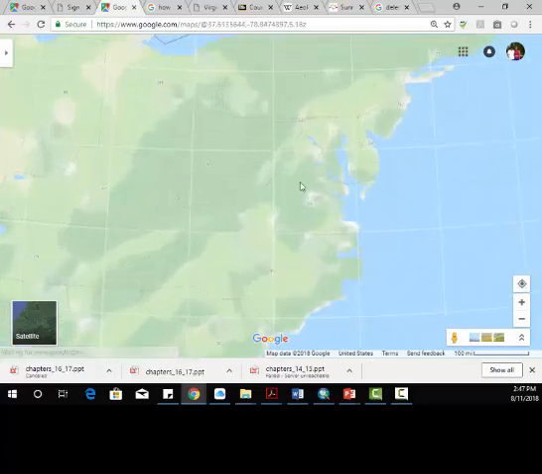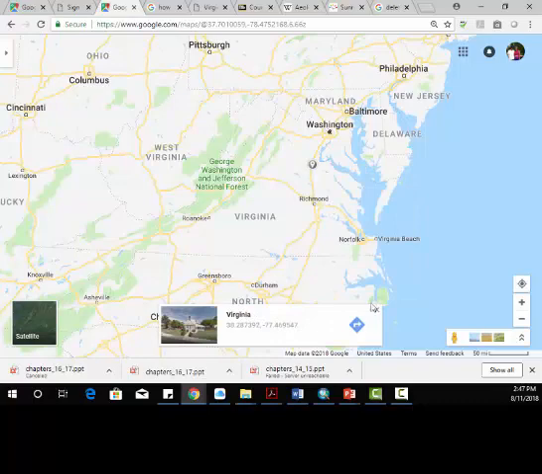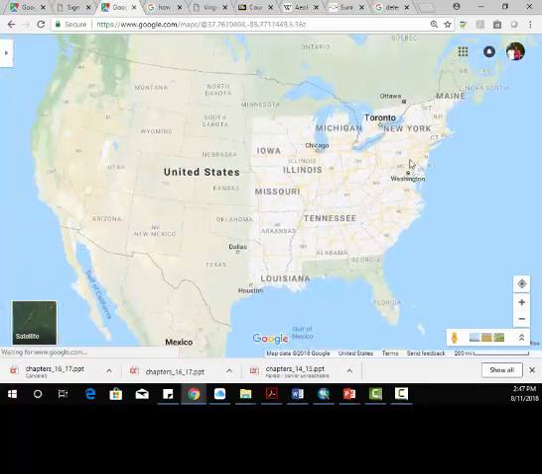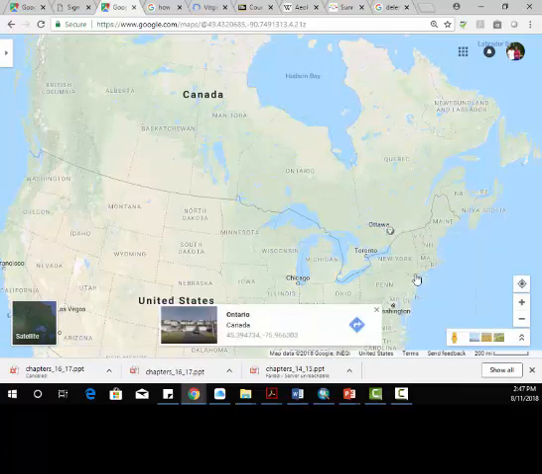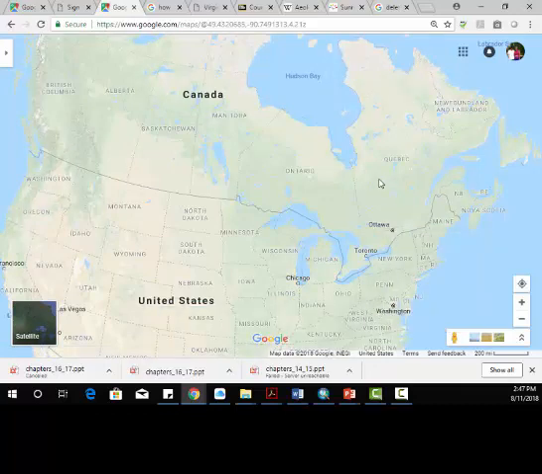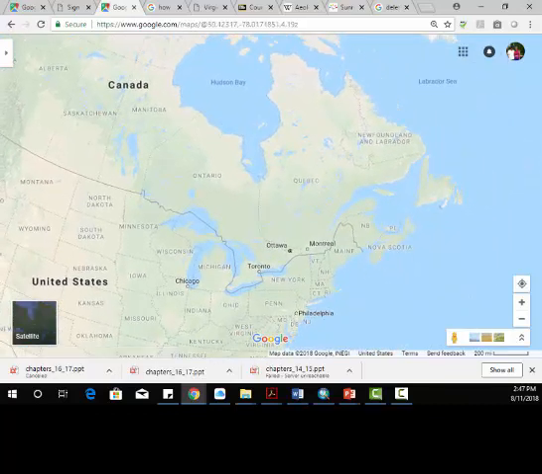Fredericksburg, right about here. What about 38 degrees? So 50 degrees is going to be a little bit further north. This is 45. So when we're looking at Europe here, the latitudes are going to be what we experience in northern Canada.